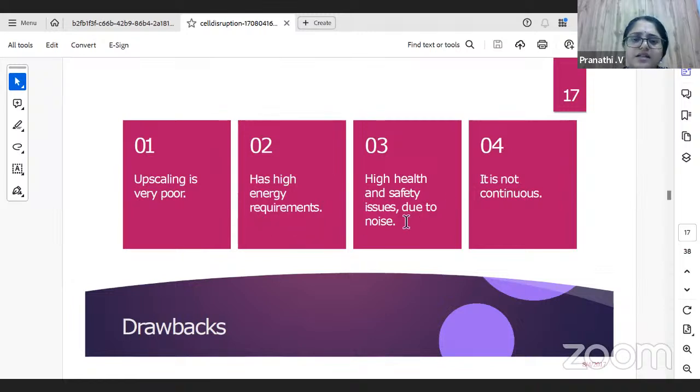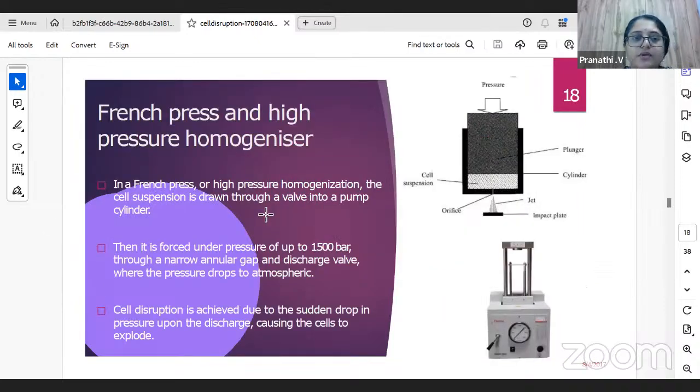And there are health and safety issues basically because of the sound that is being produced, and it is not going to be continuous. You cannot go on doing it. You have to stop and then again proceed with it. So this is the drawback present in the ultrasonicator or ultrasound frequency disruptor.